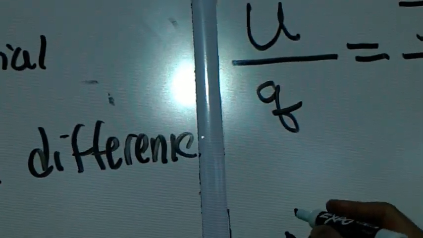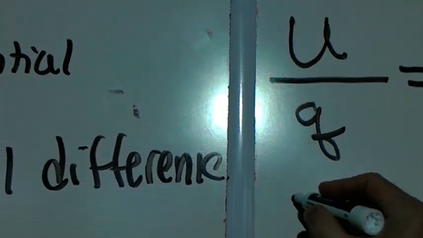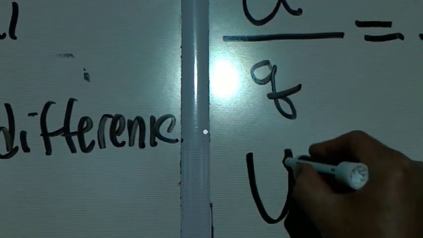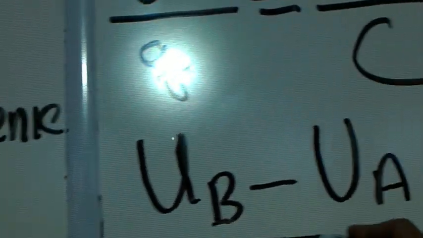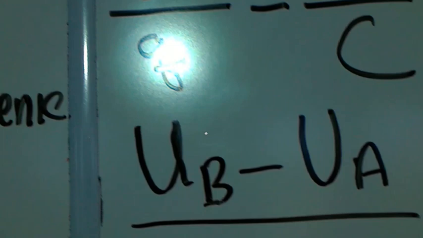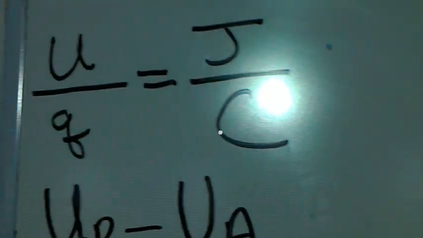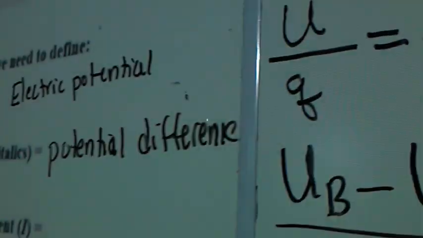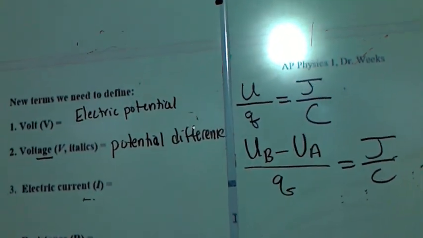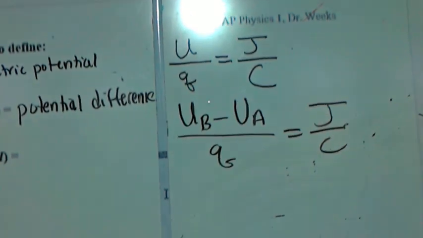Potential difference would be the difference from state B, so the potential energy from B minus the initial potential energy, divided by the charge. And this still gives you joules per coulomb. So you can have a high voltage state, a high voltage power line, which are shown outside there, or a low voltage state.